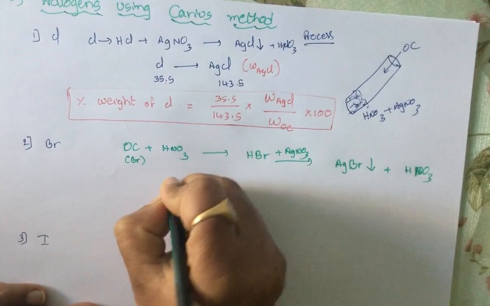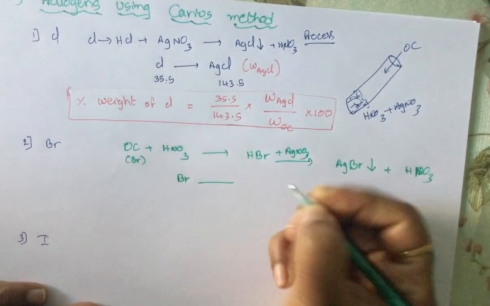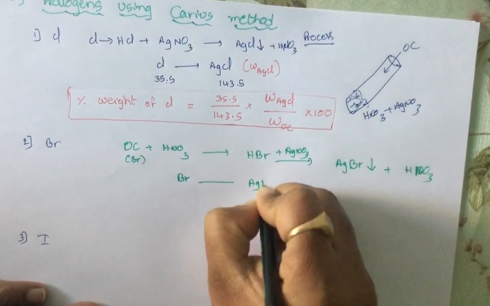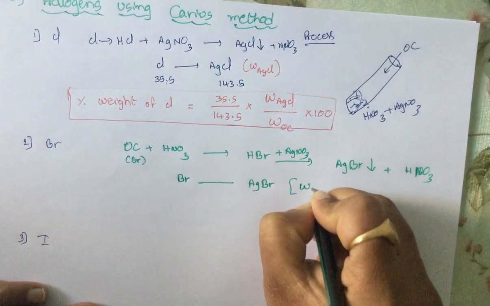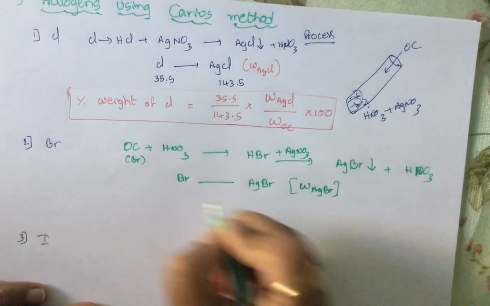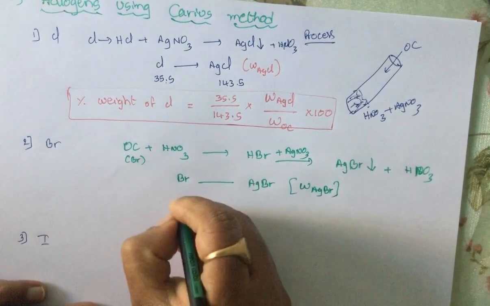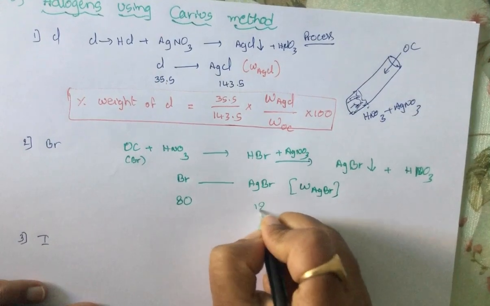In this case, the bromine present in the compound is converted into silver bromide. You filter it and weigh it to find the weight of silver bromide. We know the atomic weight of bromine is 80 and silver bromide is 188.